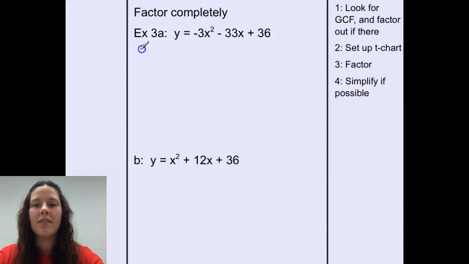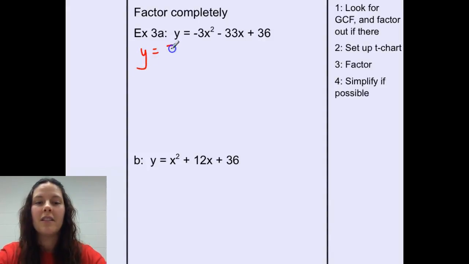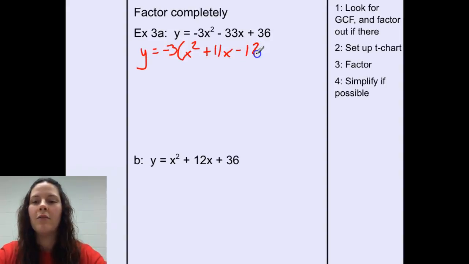Last set of examples, we have a GCF of negative 3. Dividing that out of each of our terms, we have x squared plus 11x minus 12. So we're looking for numbers that multiply to a negative 12 and add to a positive 11.